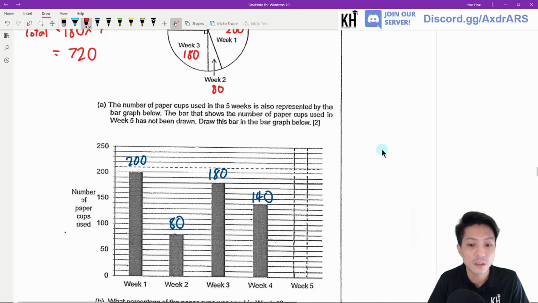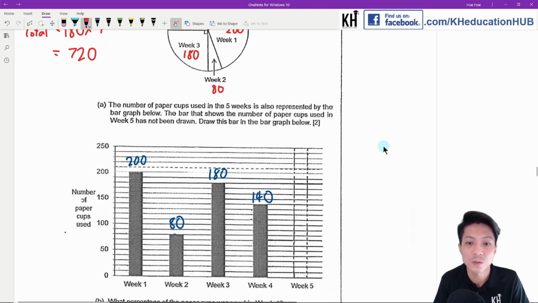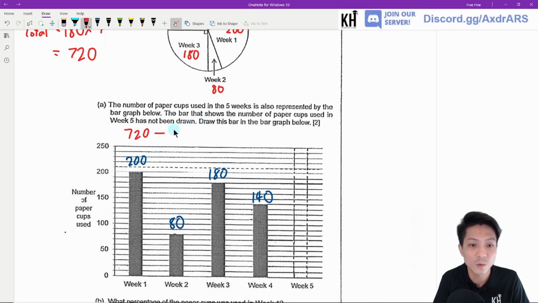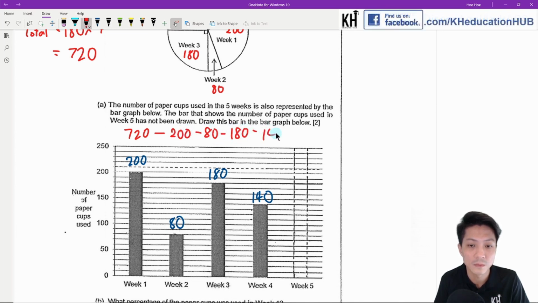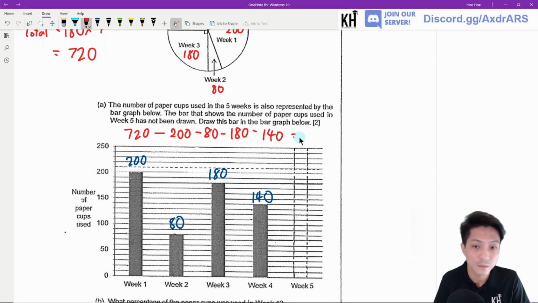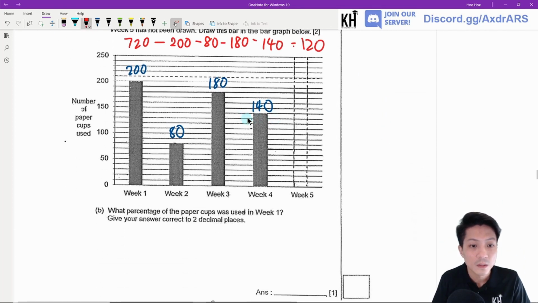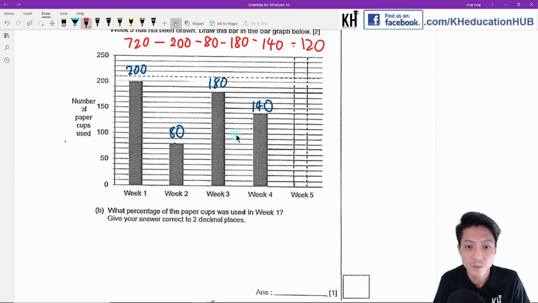Okay, so to find the number of paper cups for week 5, I just need to use 720 minus away the week 1 to week 4. Okay, which is 120. 120 will be here.